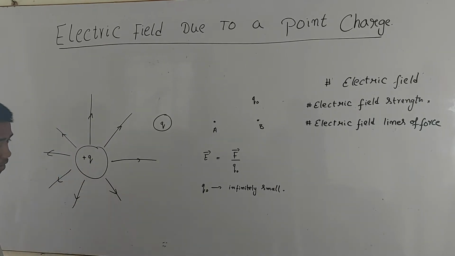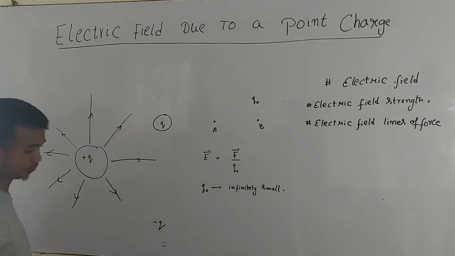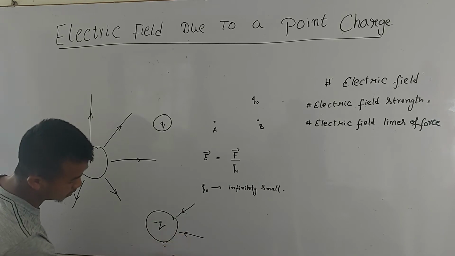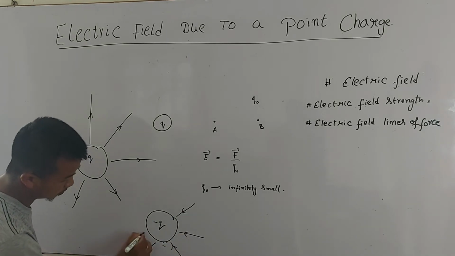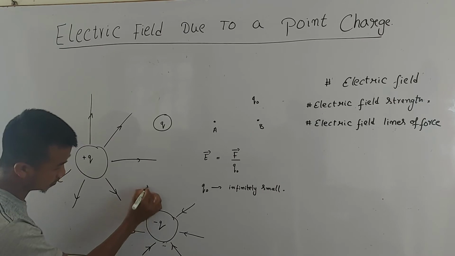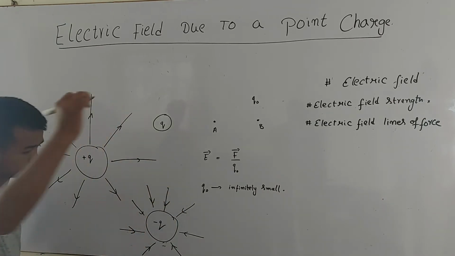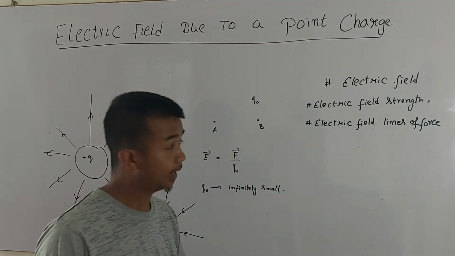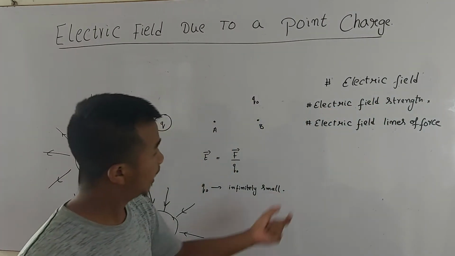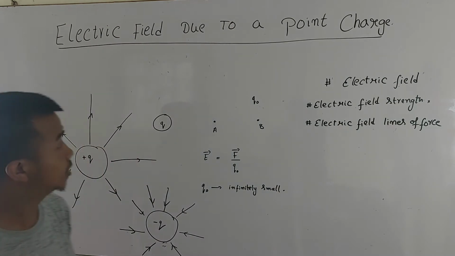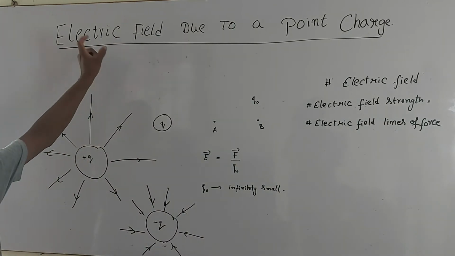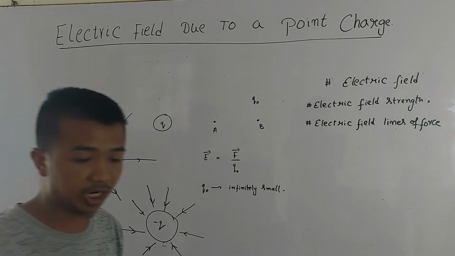If the source charge or system of charge is negative, then the electric field lines of force will look like this. So since we have an idea about electric field strength and electric field lines of force, let us now have a discussion on the electric field due to a point charge.